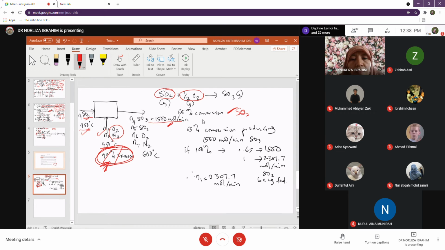So the product of 1,500 mole per minute here is the product from the 65% conversion, producing 1,500 mole per minute of SO3.